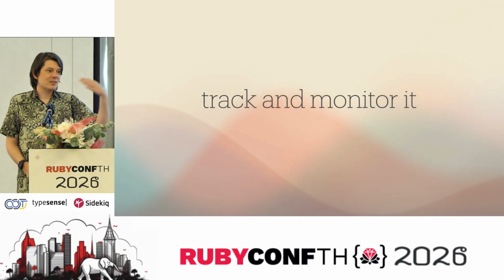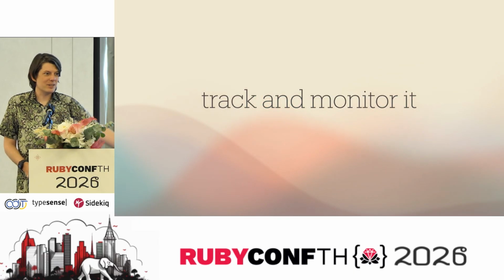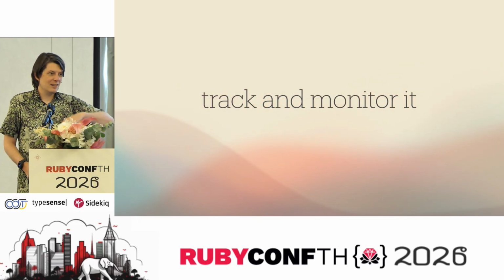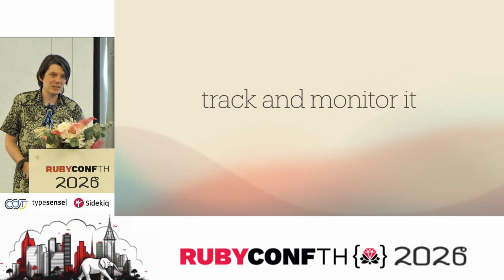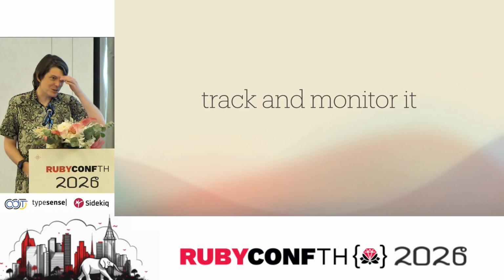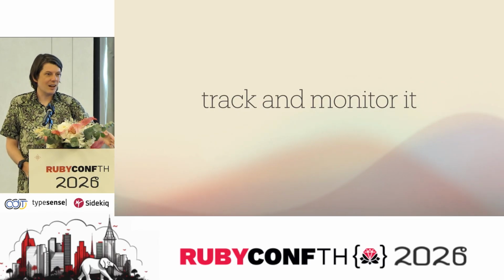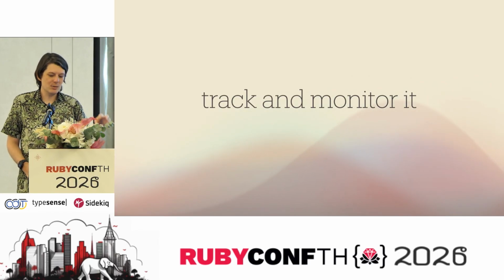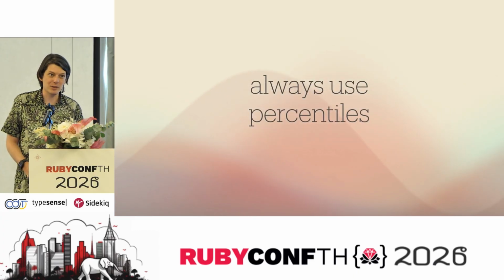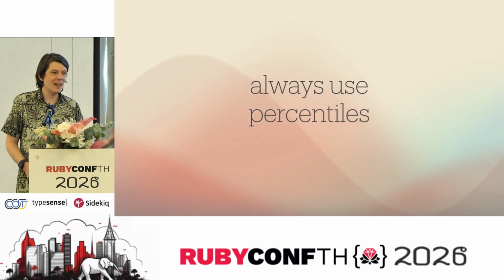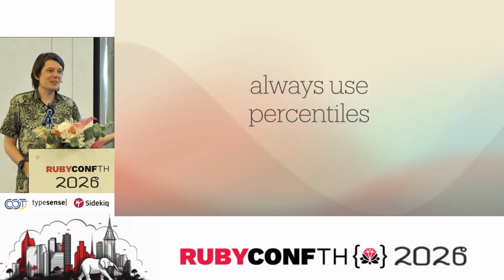Quick sidetrack, don't use averages. Averages don't exist. They are all lies. Nothing about averages actually tells you anything about what is happening to your users. Track percentiles and think about how many users you have to know what percentiles are acceptable for you. So for example, if you have 10 users per day, the 90th percentile is probably fine to track because that's 9 out of 10 of your users.